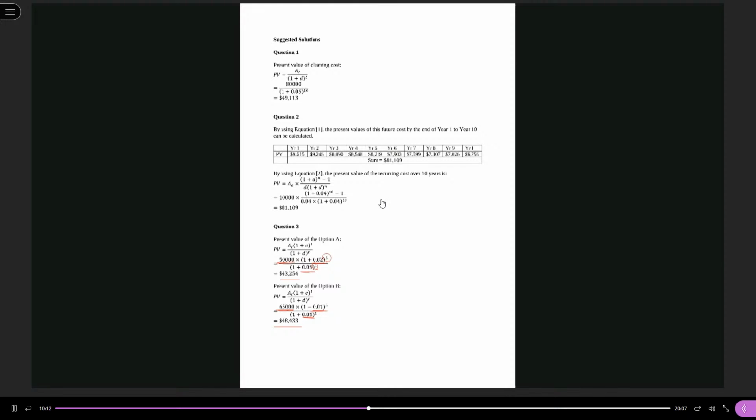What is the meaning of discount rate? This is the rate which reflects the earning power and also the general inflation of a company or a person. And how to find the present value, how to calculate the life cycle cost. This is what you need to know.